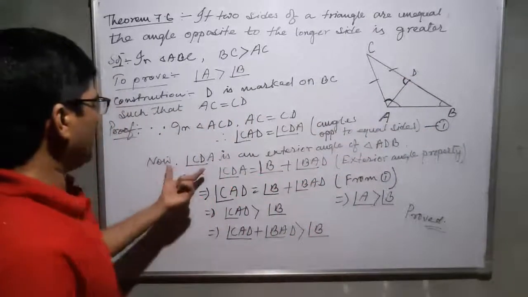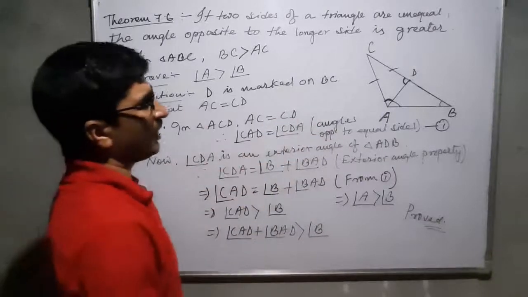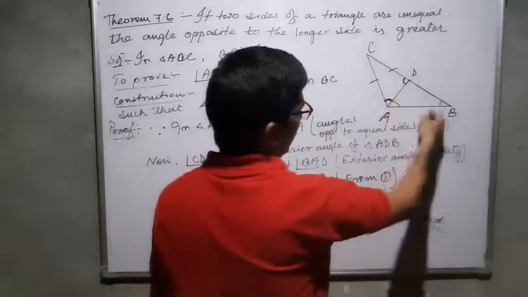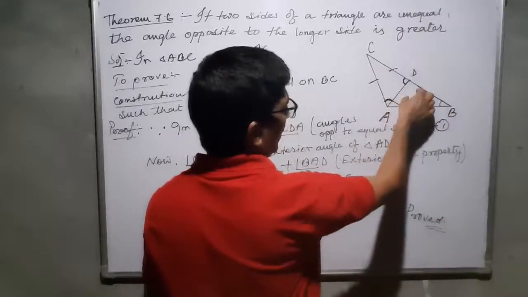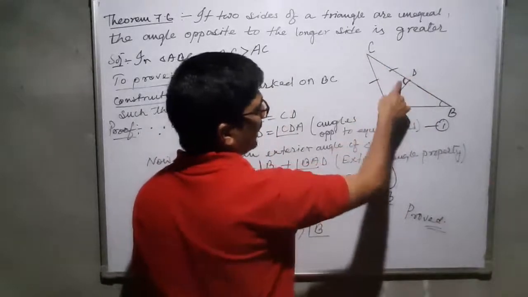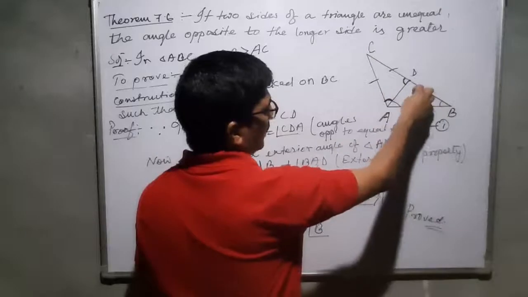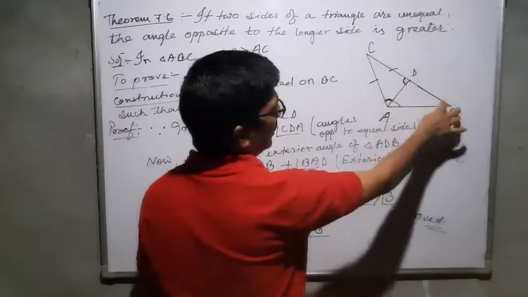Now angle CDA is an exterior angle of triangle ADB. Now check triangle ADB. Here we have triangle ADB, and this CDA is the exterior angle of this triangle. So if you apply the exterior angle property, this angle equals this one plus this.